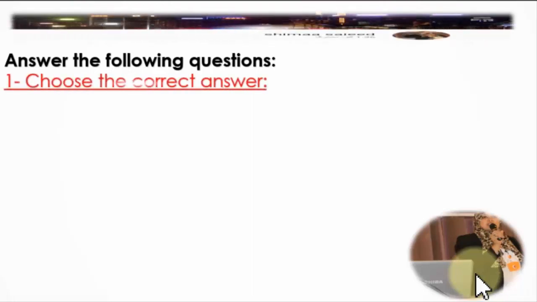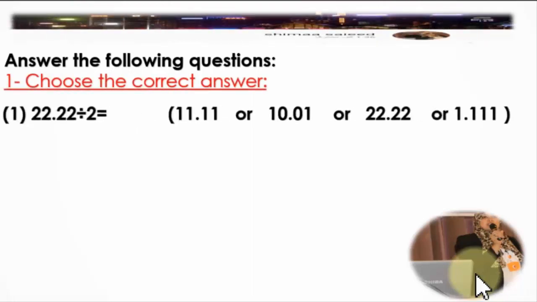Answer the following questions. Choose the correct answer. 22.22 divided by 2 equals, you know that 2 in tens place divided by 2 equals 1 in tens place, and another 2 in ones place divided by 2 equals 1 in ones place.